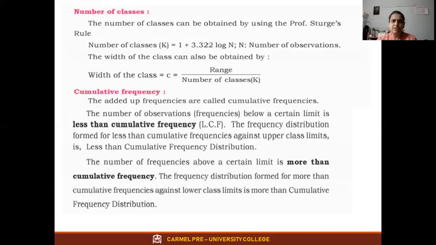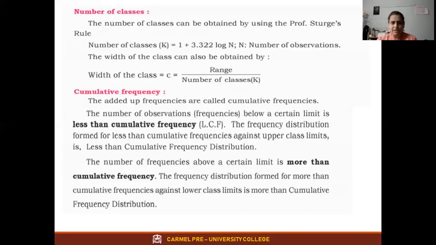Understanding for you better will be the term class interval, isn't it? You're so used to it. So you know 10 to 20 when I write, it's called a class interval. The other short form is class. Professor Sturge gave us one rule how we will arrive at how many number of classes, how many number of class intervals we can have in a table.